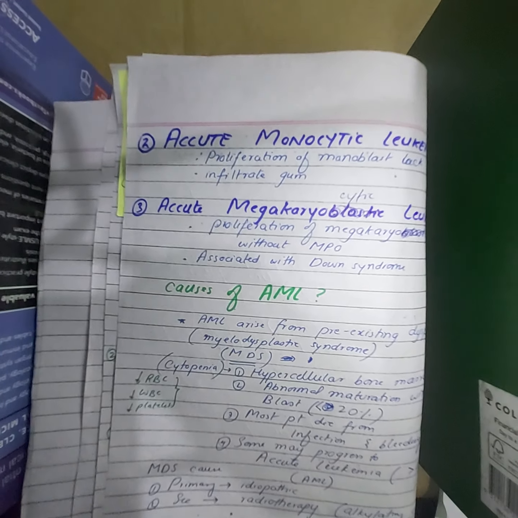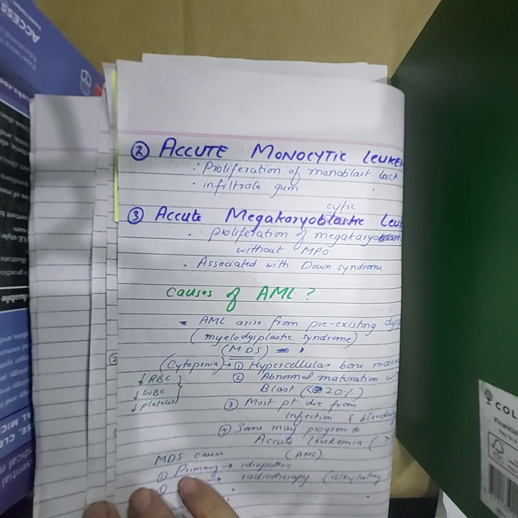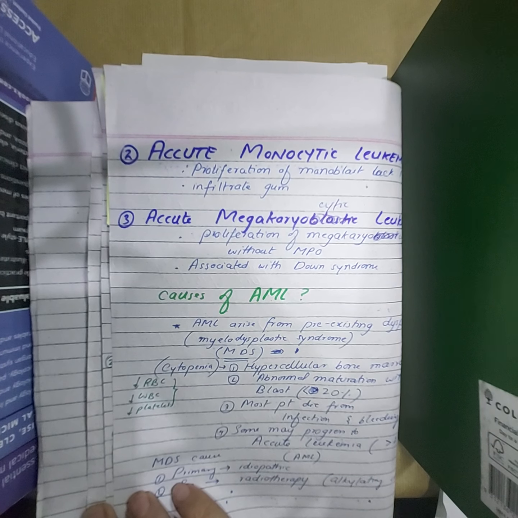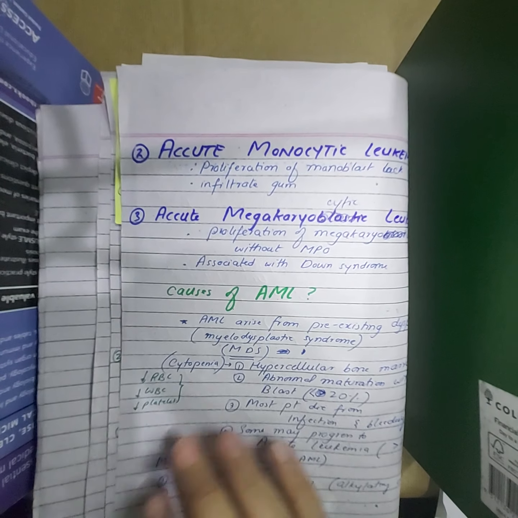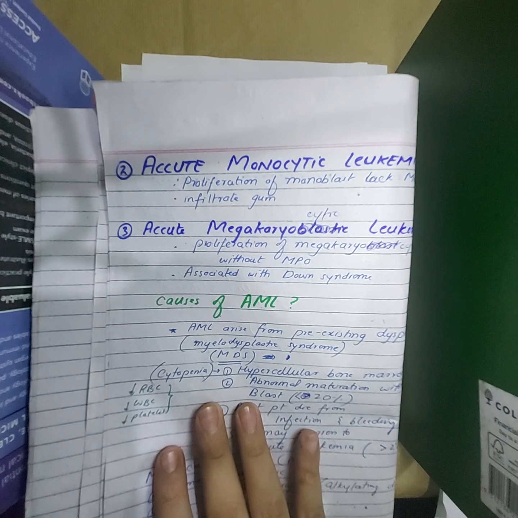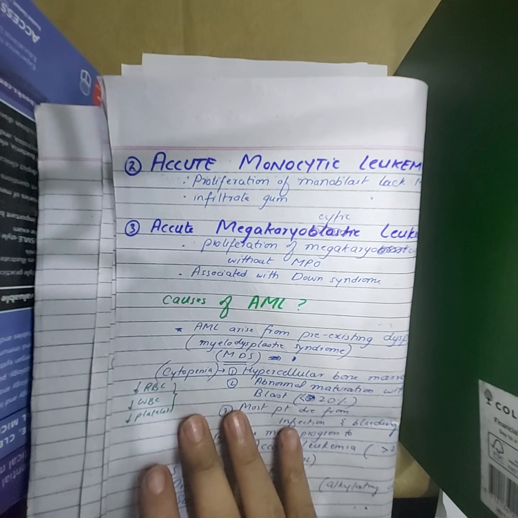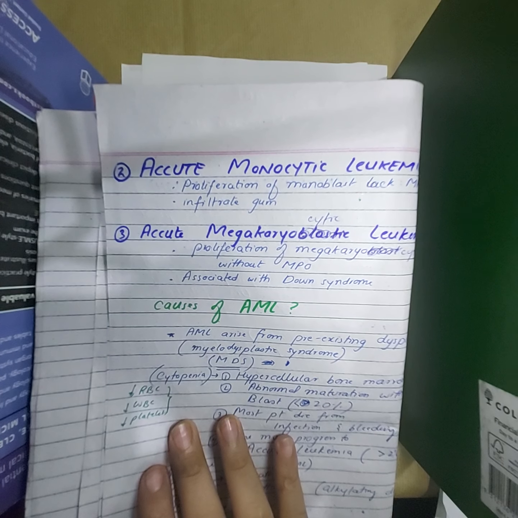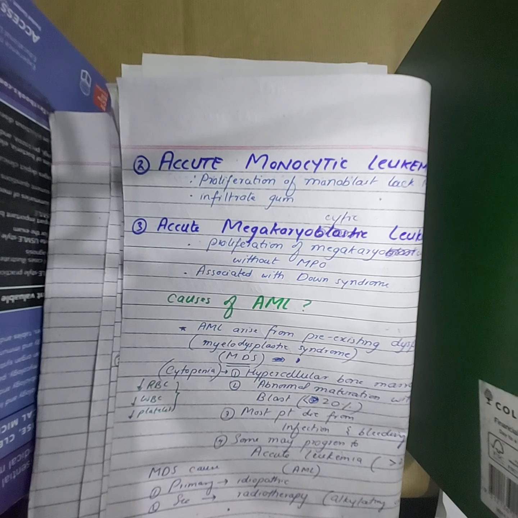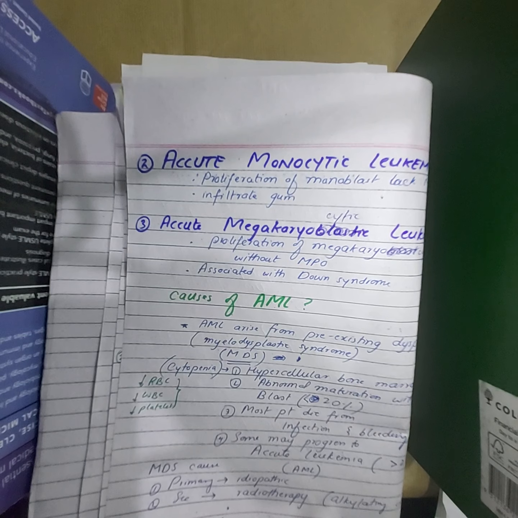Other types are acute monocytic leukemia, the proliferation of monocyte cells like monoblasts that lack MPO, and acute megakaryocytic leukemia, proliferation of megakaryocytic cells without MPO, mostly associated with Down syndrome. These are further names I already mentioned in the classifications.